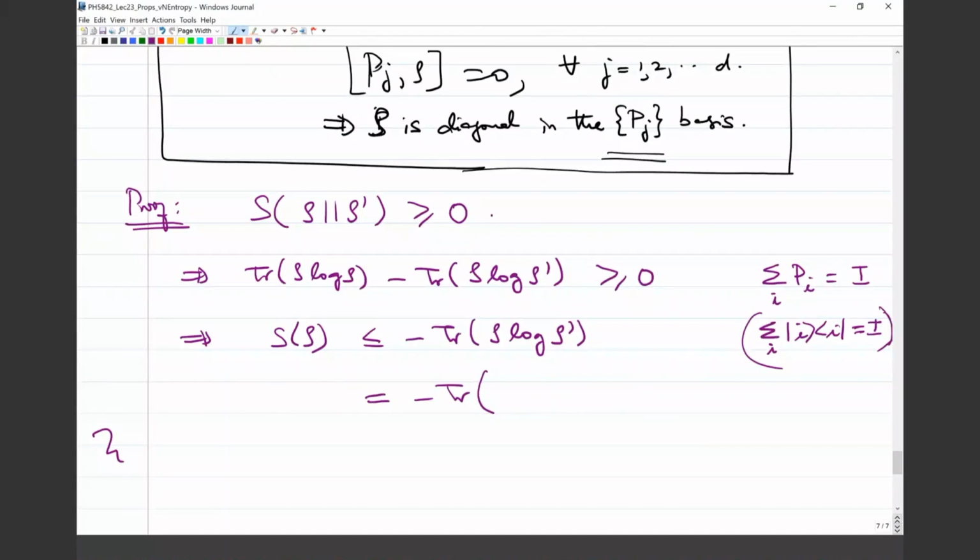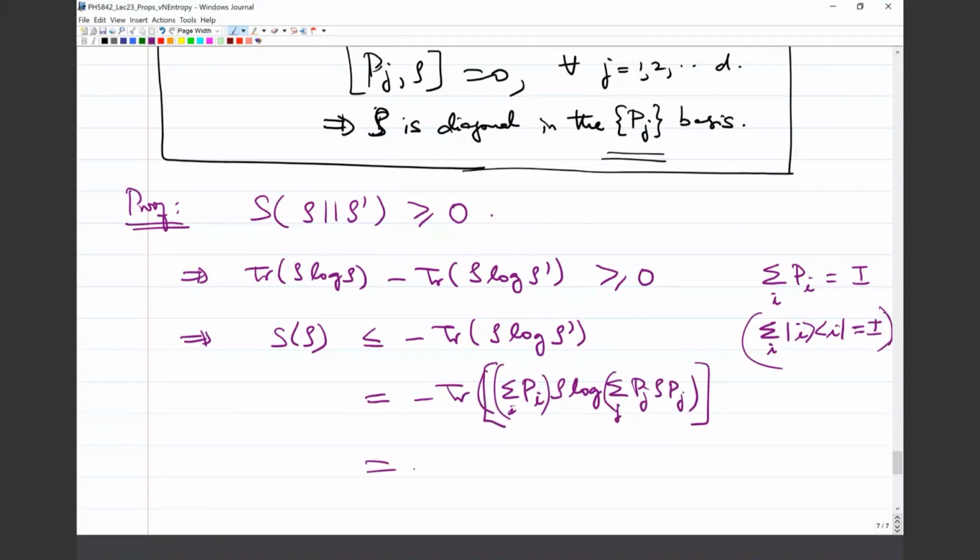So just bear with me for 2 more minutes and then we'll wrap up class. So this is sum over i Pi rho log rho prime, and once again Pj rho Pj. Now it's just a matter of playing around with the Pi's and Pj's to convince yourself that what I have on the right hand side is simply S of rho prime.